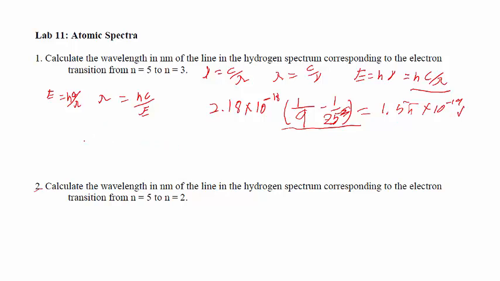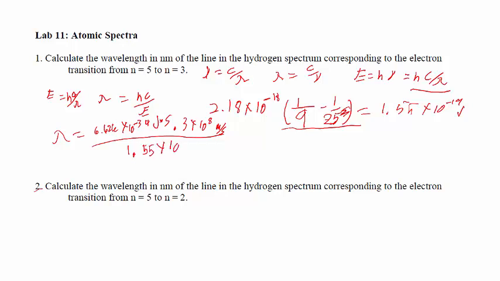So now I just go over here and say lambda equals 6.626 times 10 to the negative 34 joule seconds times 3 times 10 to the 8th meters per second over 1.55 times 10 to the negative 19 joules.